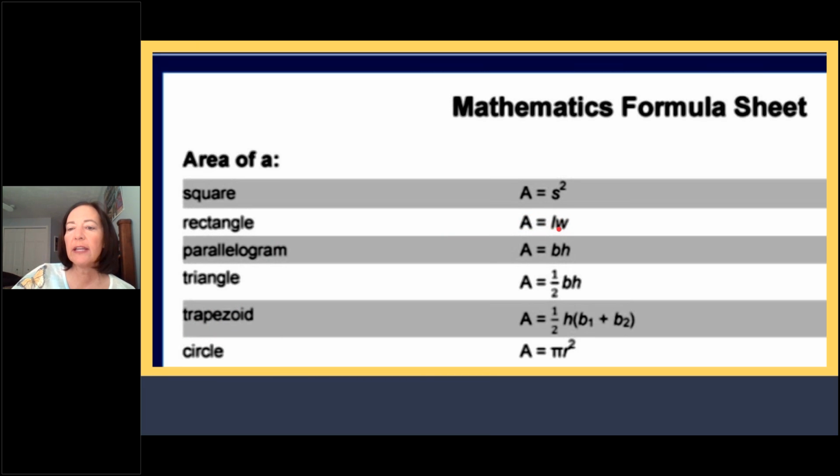And as I was creating this presentation, I found myself for the rectangle writing area equals base times height. Because in my brain, if I just think that, it really simplifies things. So length times width, base times height, basically the same thing. Basically, they're the same thing.